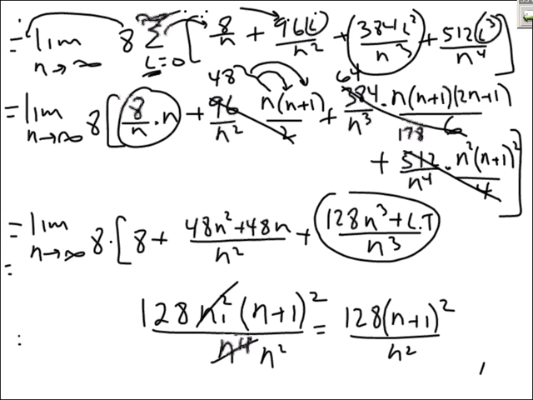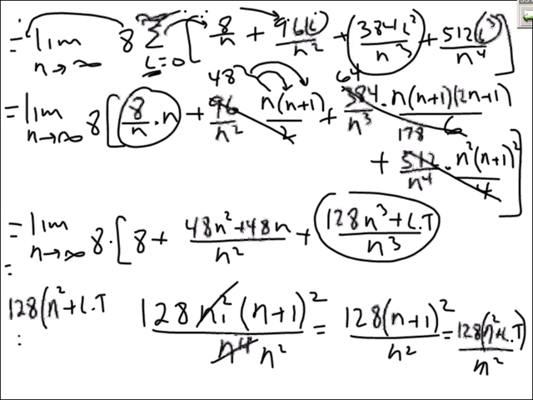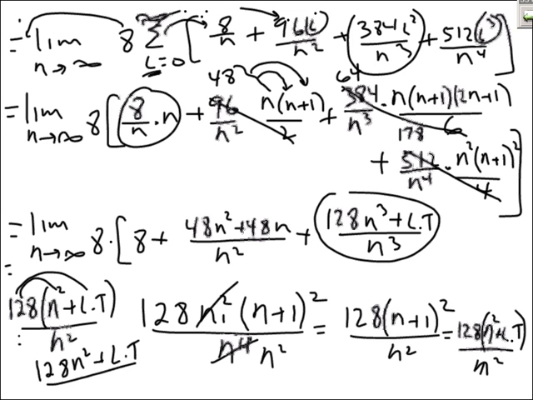Well, when you square n plus 1, you're going to get n squared plus lower terms over n squared. Let me write that down over here. You're going to get 128 times n squared plus lower terms over n squared. And when you distribute, you get 128 n squared plus 128 times lower terms, over n squared.